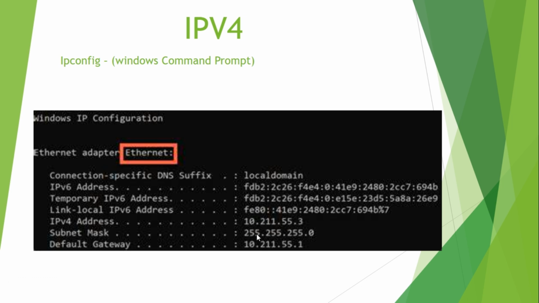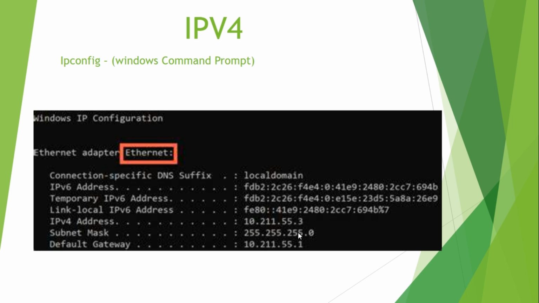Its subnet mask is 255.255.255.0. That lets me know that the 10.211.55 is part of the network, and you technically have 253 hosts available, if I'm correct. Yes, it should be 253 hosts available.